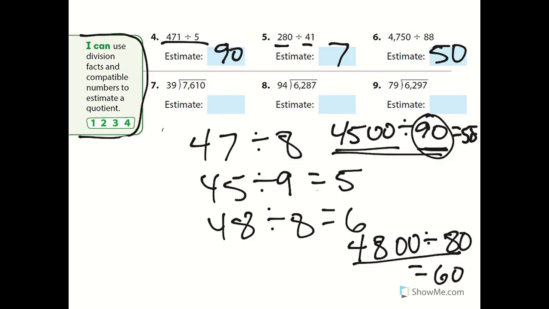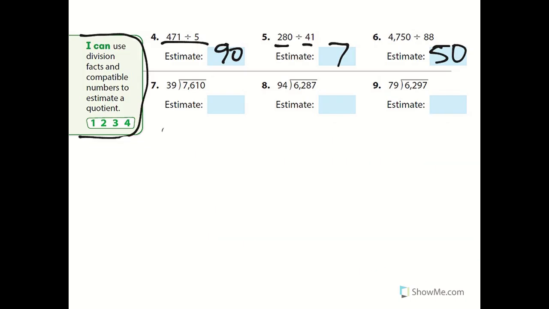So number 7, well, let me erase all this stuff first. Let me solve number 7 with you, and then you can solve number 8. So number 7, we got 39 dividing into 7,610. So let me think about math facts. There's 2 math facts I can think of. I can think of 3 and 6, because 6 divided by 3 is 2.